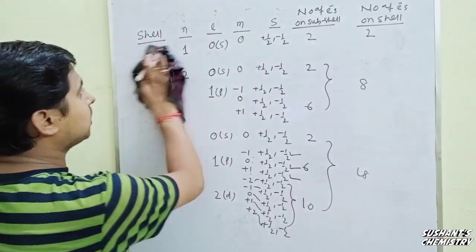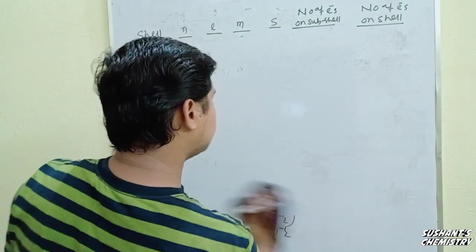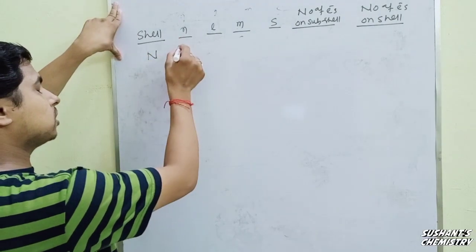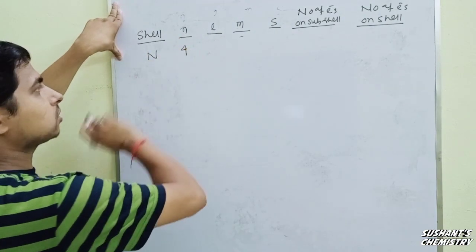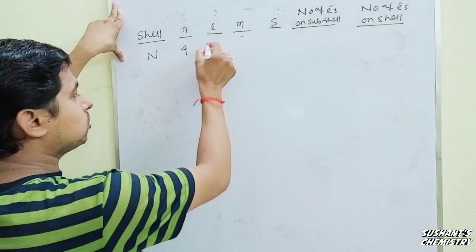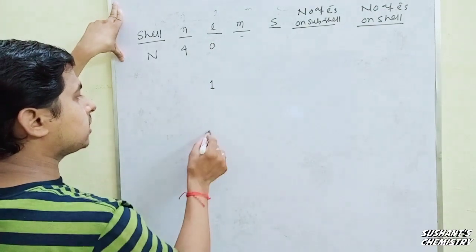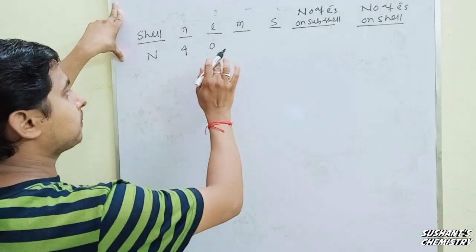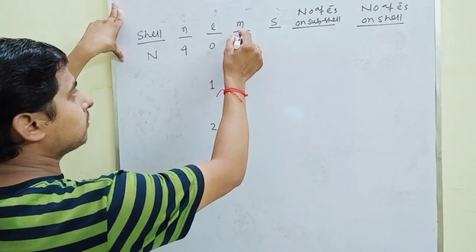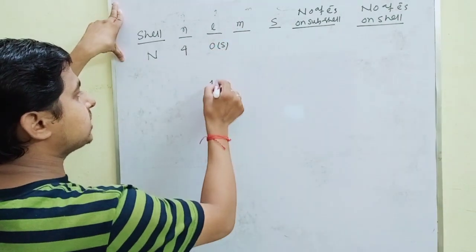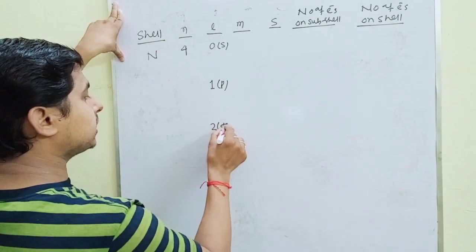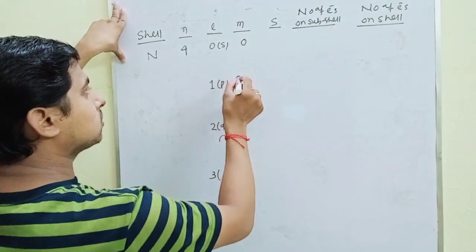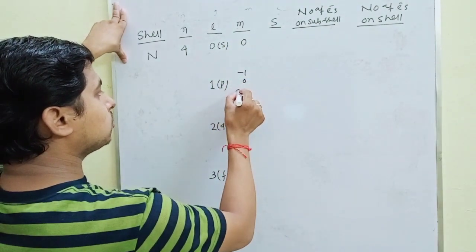Similarly, for N cell, the value of n is equal to 4. L becomes 0, 1, 2 and 3. Okay, these are S, P, D, F. The value of m becomes 0 for S. Here minus 1, 0, plus 1.